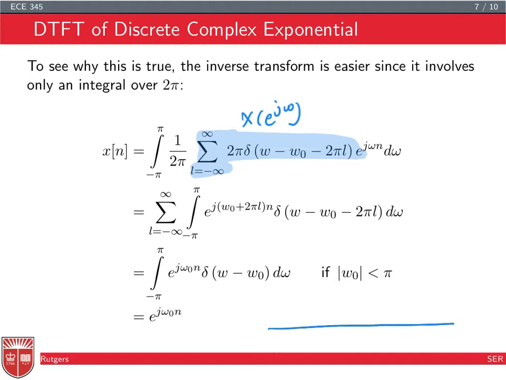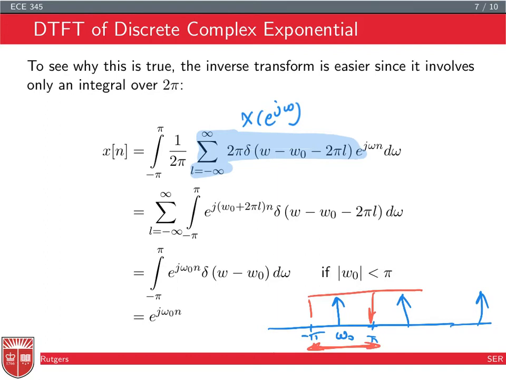So this is your delta, this is minus pi and plus pi, and somewhere here you have omega 0. But you're only doing your integral in this interval, between minus pi and plus pi.